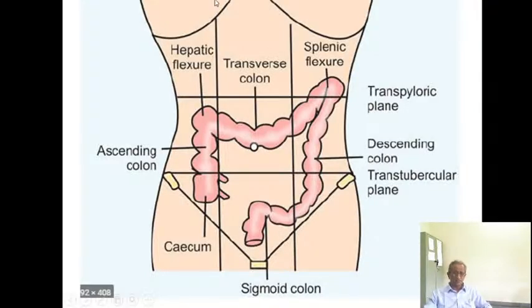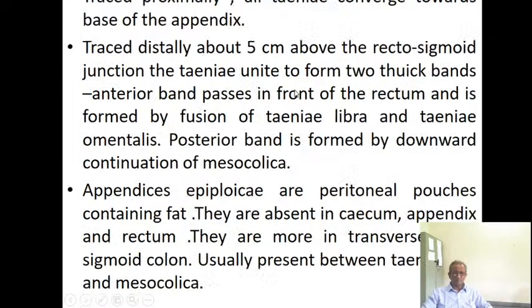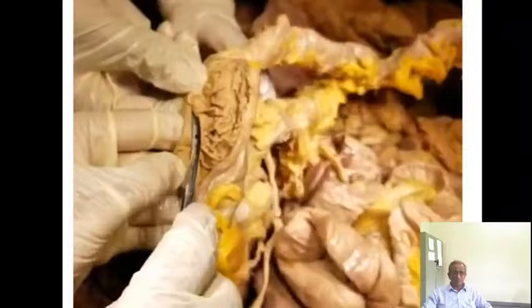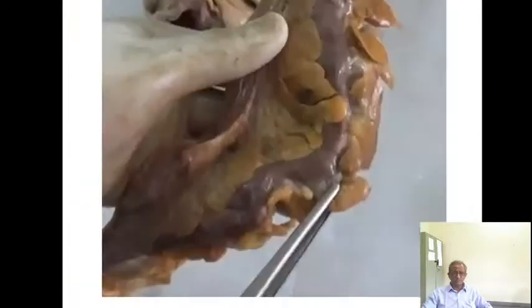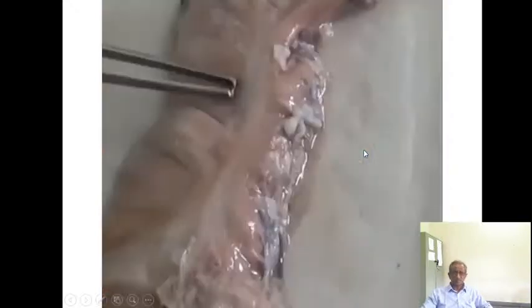And of course, we have to talk about the various parts of the large intestine: the cecum, the appendix, the ascending colon, hepatic flexure, transverse colon, splenic flexure, descending colon, sigmoid colon, and the rectum. Of course, we are showing the haustra. Then we are showing the appendices epiploicae, present almost on the anti-mesenteric border, which are accumulations of fat in peritoneal pouches.